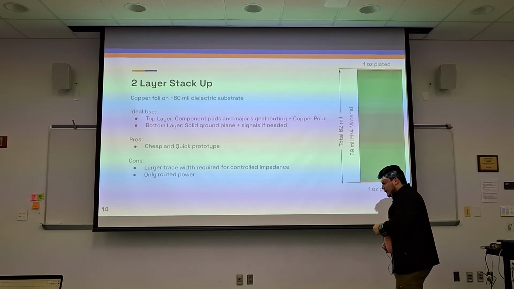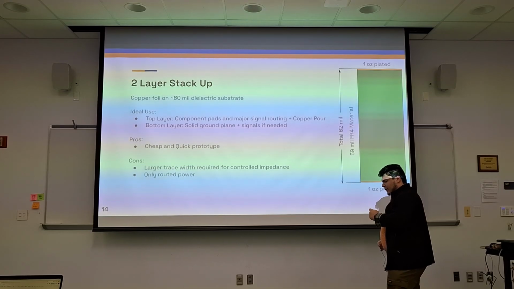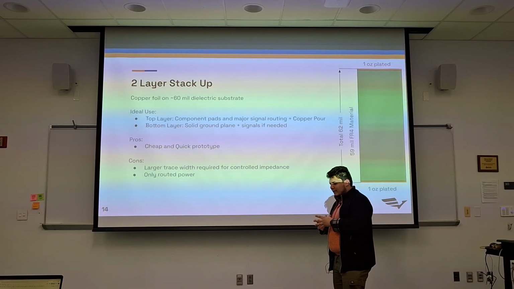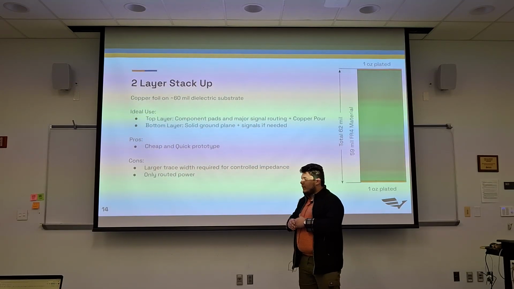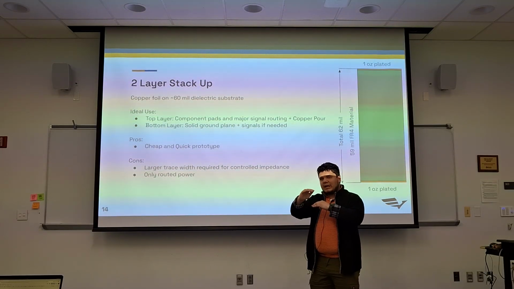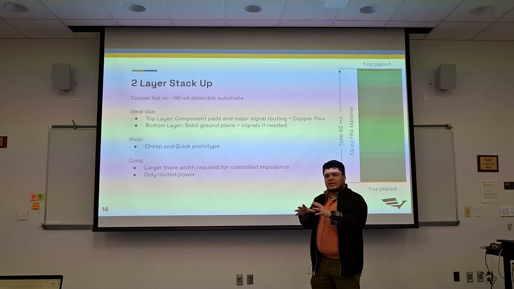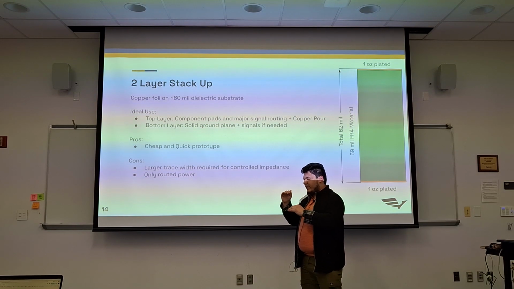And when I say plated layers, I have to clarify that, at least in the PCB manufacturing process, I'm not going to dive too much into this. When you're designing something, you're designing to a finished thickness.